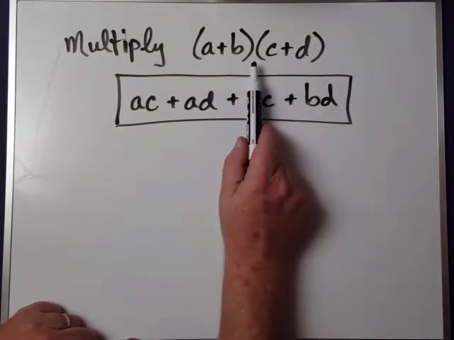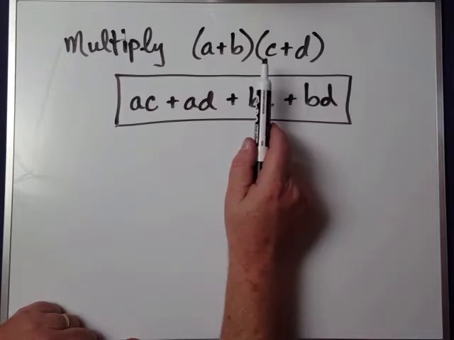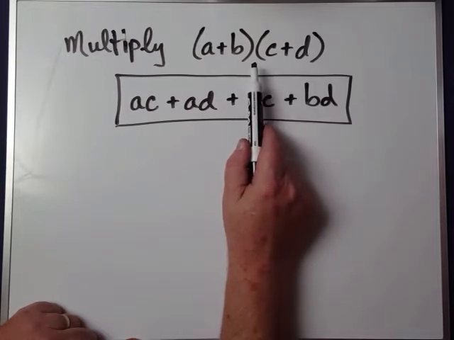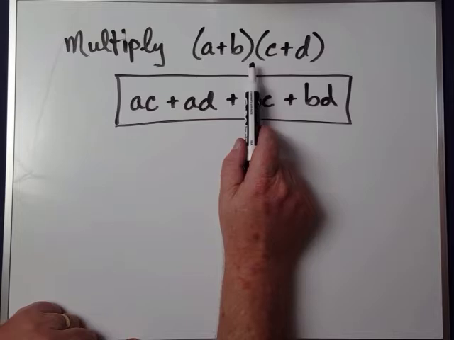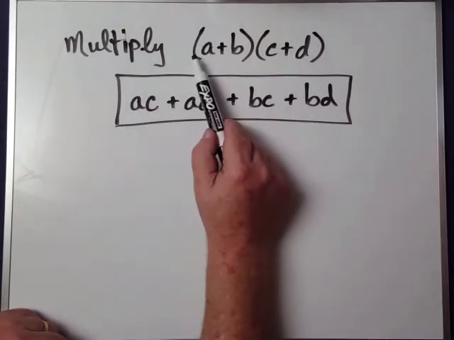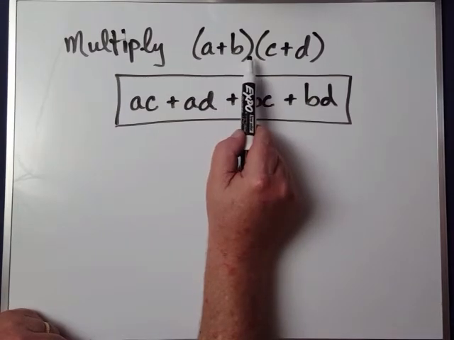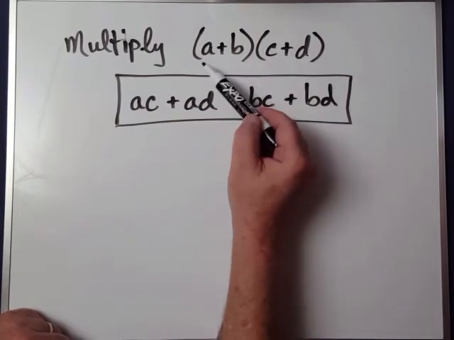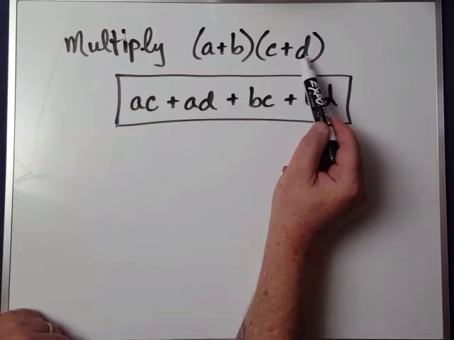Now, remember what allows us to use FOIL, as well as any of the term-by-term multiplications. FOIL works because of the distributive property. Remember when I turned the first binomial blue, and I distributed to each of the 2 terms in the second binomial.